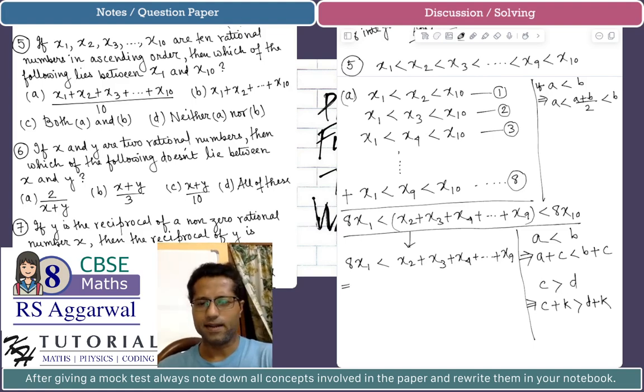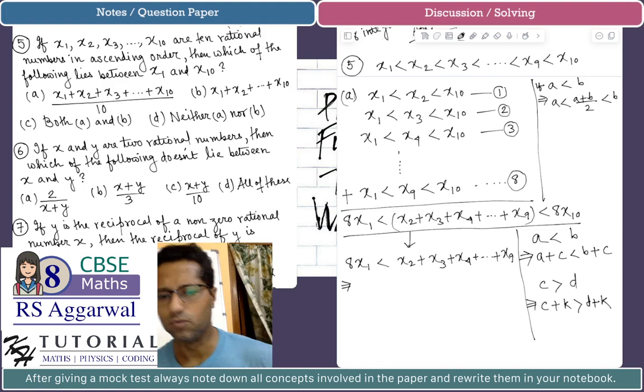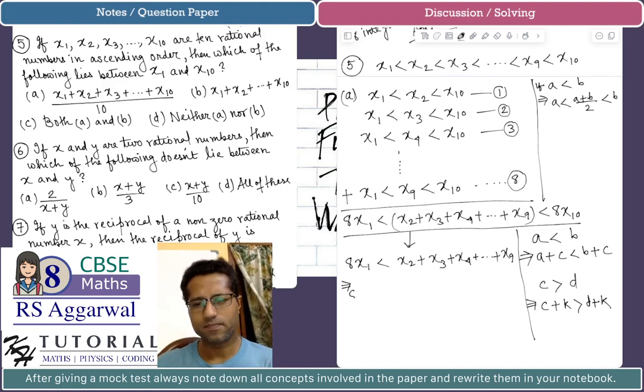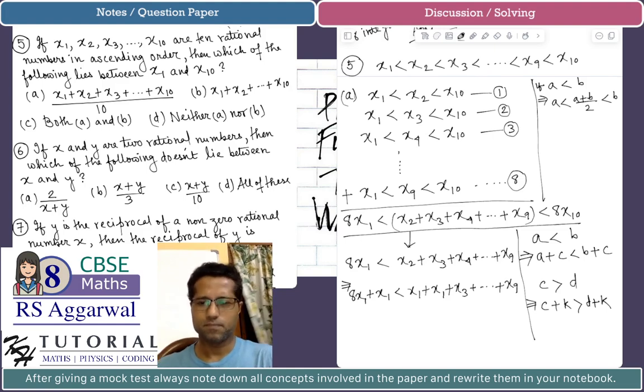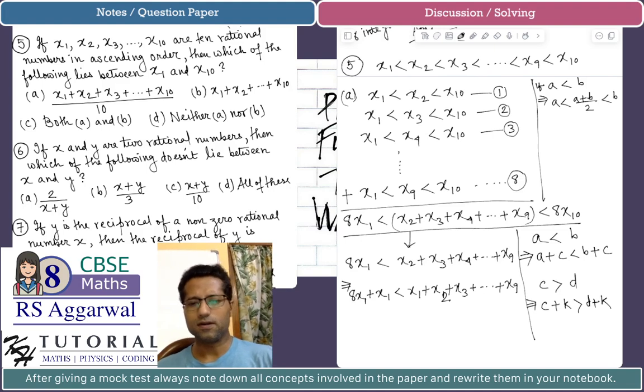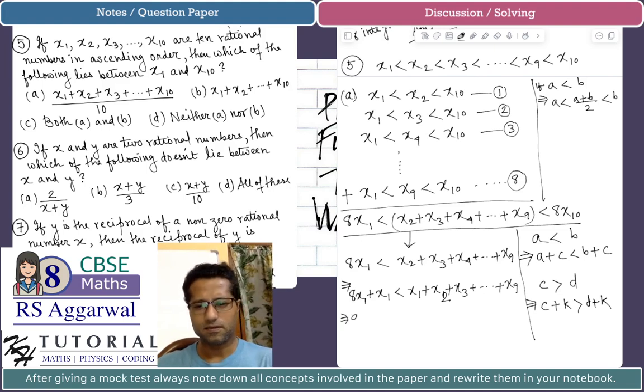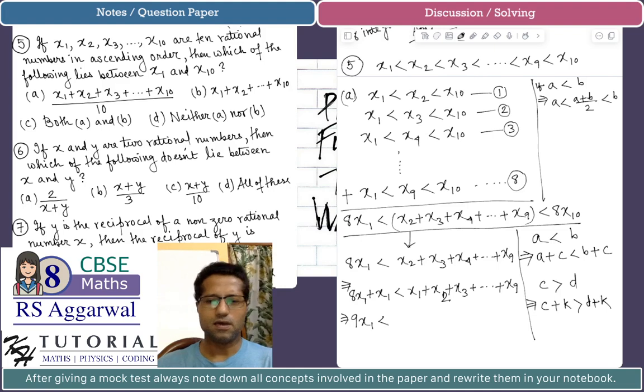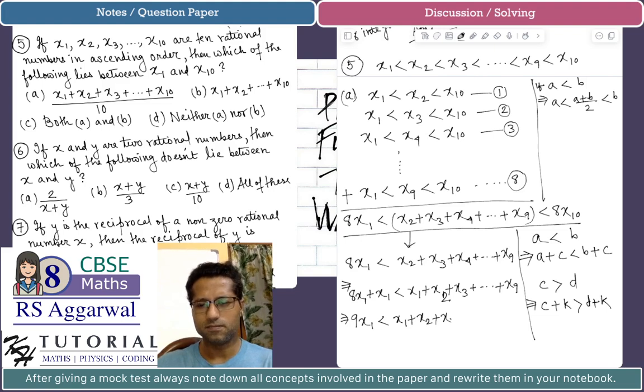this will imply I can add x1 to both sides, and I will get 8x1 plus x1 will be less than x1 plus x2 plus x3, likewise up to plus x9. So I got that 9 times x1 is less than x1 plus x2 plus x3 plus dot dot dot up to x9.